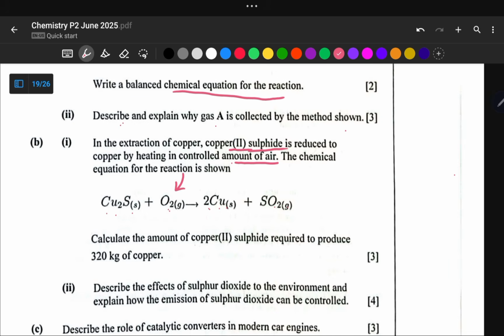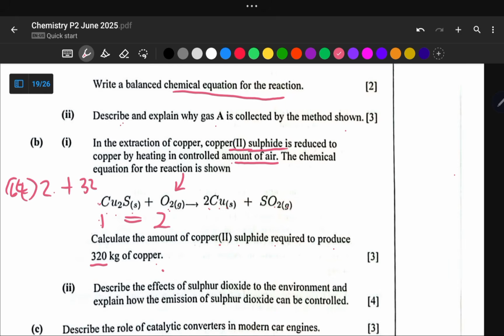Here we are required to calculate the amount of copper 2 sulfide required to produce 320 kgs of copper. From the equation, 1 mole of copper 2 sulfide will give 2 moles of copper. So we want to convert these quantities to masses. The mass of copper 2 sulfide is 64, the Ar of copper, by 2, plus that of sulfur, 32.